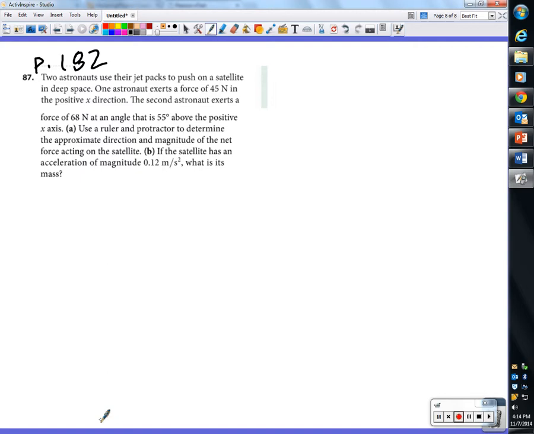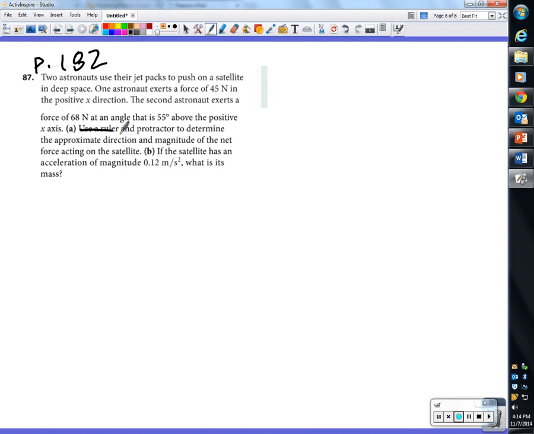The second astronaut exerts a force of 68 newtons at an angle that is 55 degrees above the positive x-axis. So, part A says use a ruler and a protractor to determine the approximate direction and magnitude of the net force acting on the satellite.